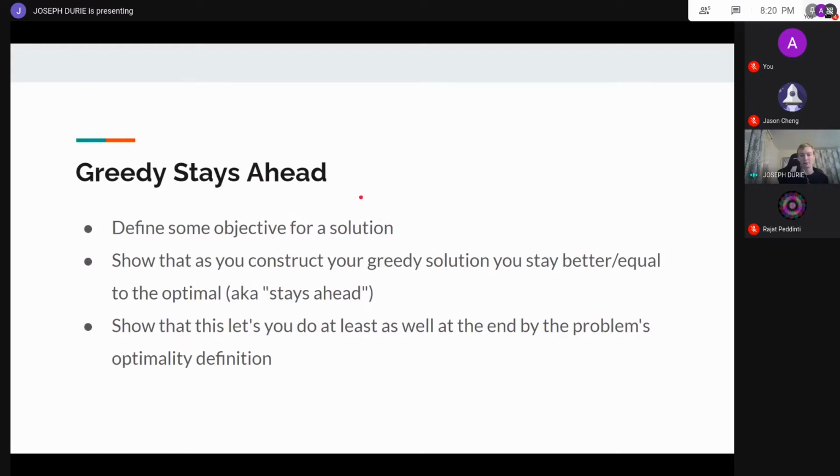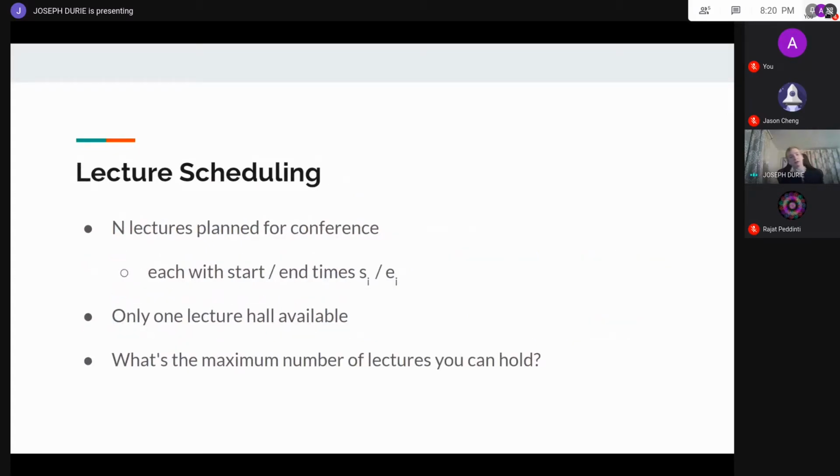So, okay, the first problem is lecture scheduling. We have N lectures planned for the conference with start times S_i and end times E_i, and only one lecture hall available. And we want to know what's the maximum number of lectures we can hold. So what would be a greedy solution for this?